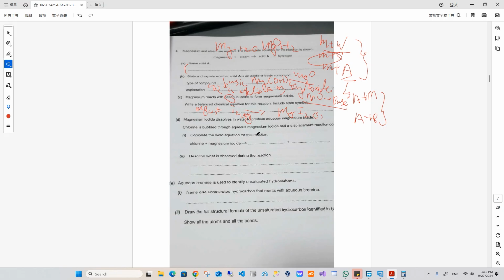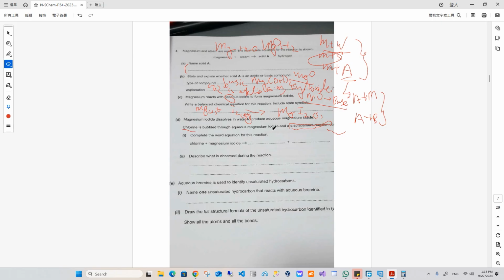Complete a word equation for these reactions: chlorine, magnesium iodide, and this. So two products, guess one first. Chlorine is the guy for displacement. The displacement reaction is just like substitution: the guy that goes in can replace the guy with similar properties.